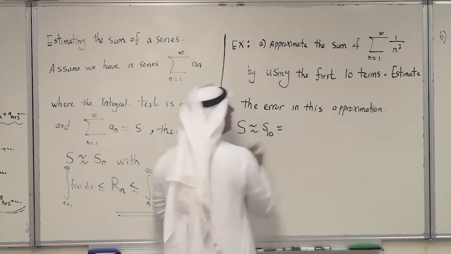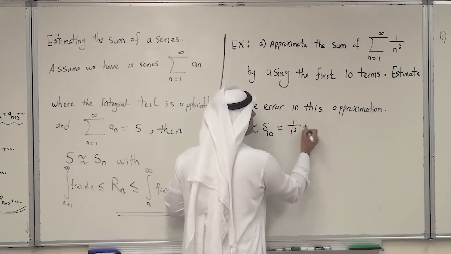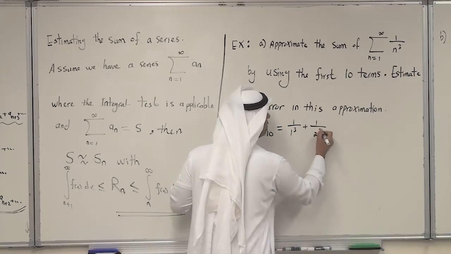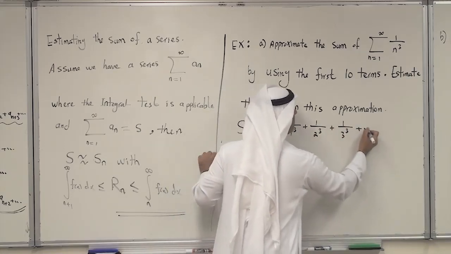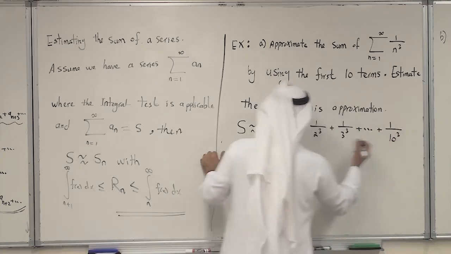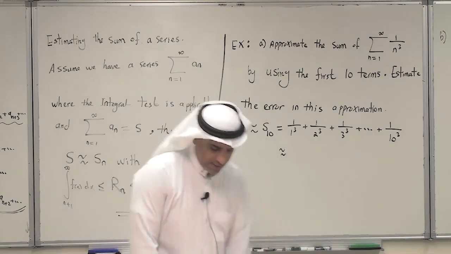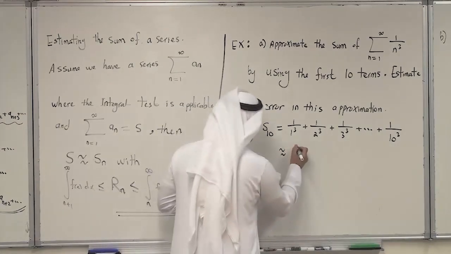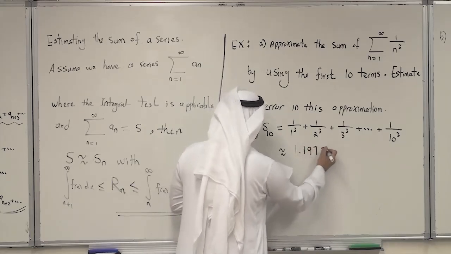So that is equal to what? We substitute: 1 over 1 cubed plus 1 over 2 cubed plus 1 over 3 cubed, until we reach 1 over 10 cubed. Now if you use a calculator, you just add these numbers, and the sum is approximately equal to 1.1975.